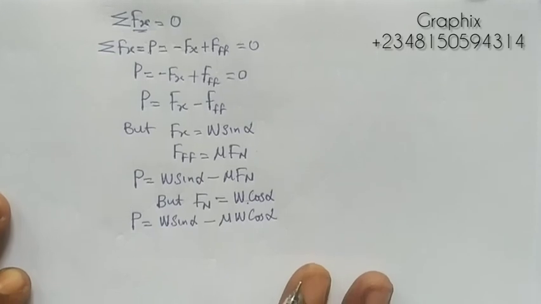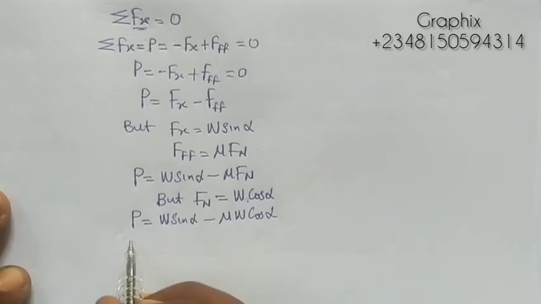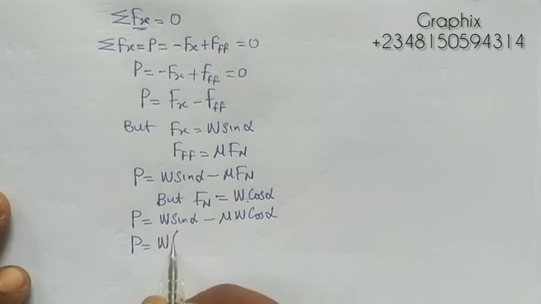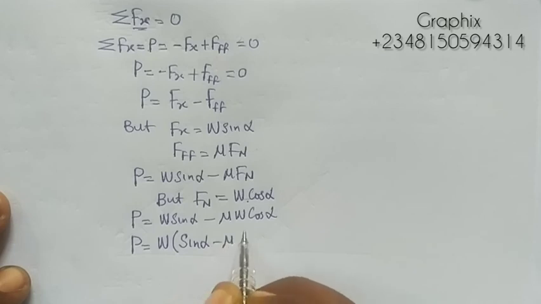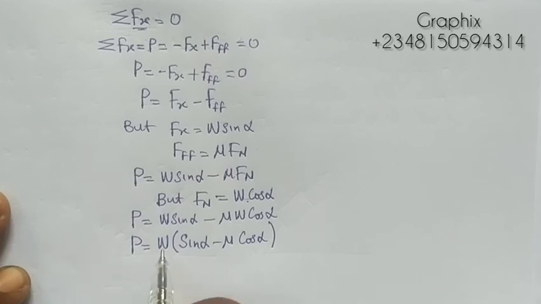Moving forward, W is common, so I'll bring my W out, and I'll be left with sine alpha minus mu cos alpha. The weight is not given, so weight is equal to mass times gravity.